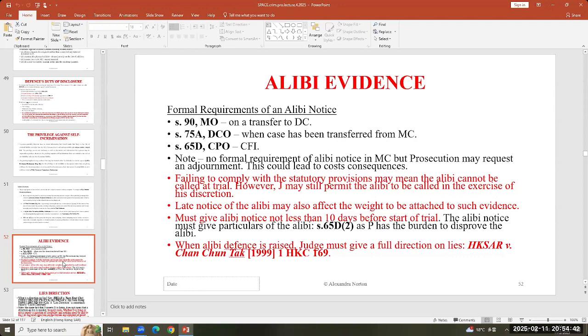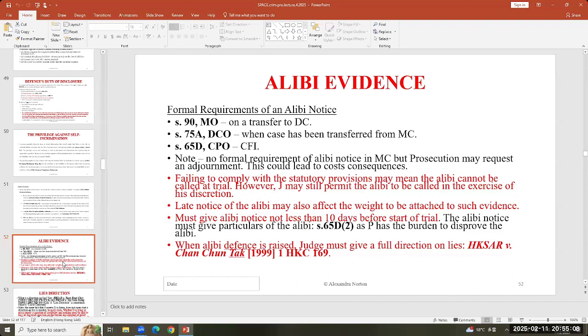The reason is the prosecution have the burden to disprove the alibi. So they need to be able to go and investigate it before the trial begins. If the defendant doesn't comply with this alibi requirement, then two consequences inevitably arise. One, the judge may refuse permission for this alibi evidence to be introduced at the trial.